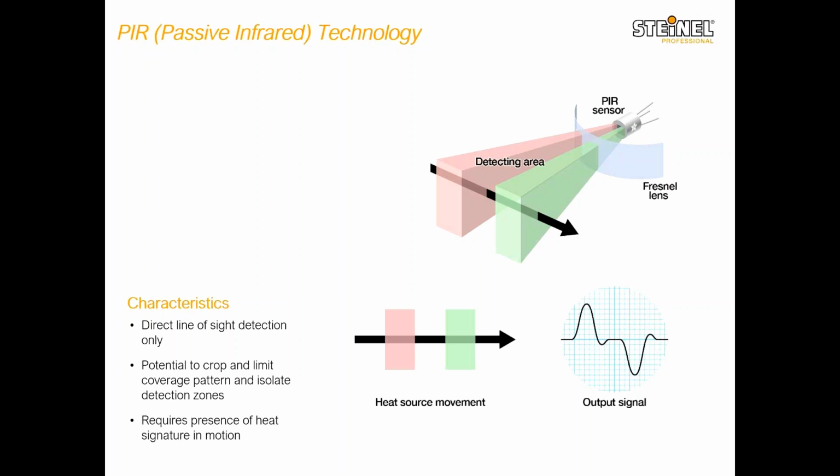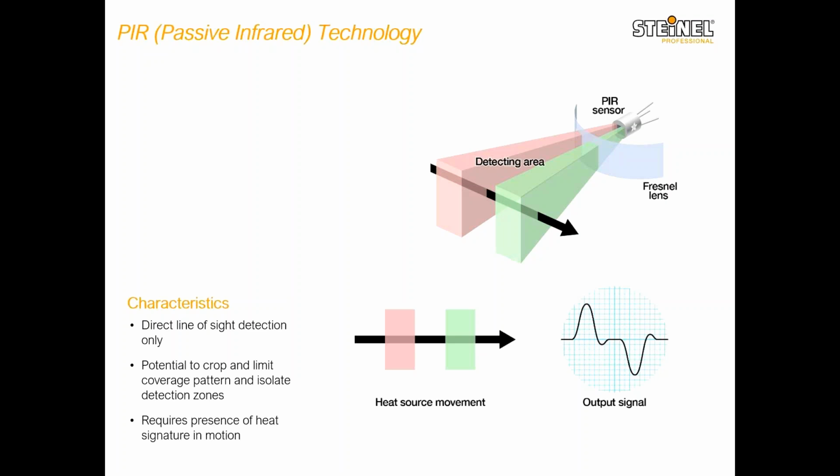It gives us the possibility to crop and limit the coverage pattern by limiting the view of the lens or the sensor. So basically, if you block the line of sight, you have limited how your sensor works. And of course, it requires the presence of a heat signature in motion for the sensor to detect anything.